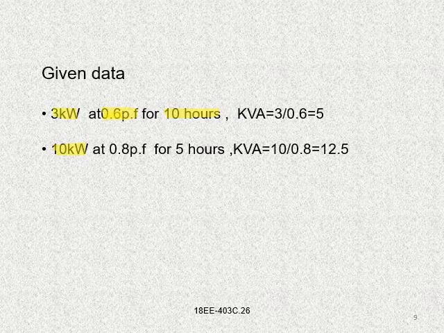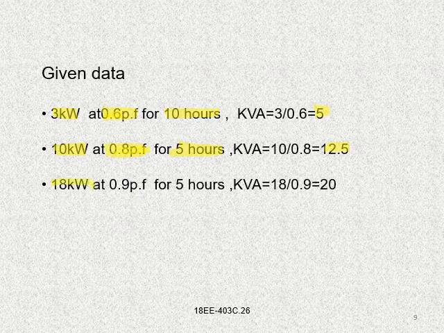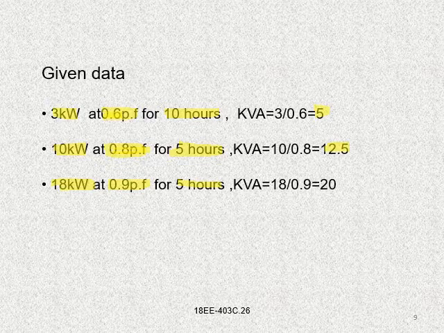For 10 kW with 0.8 power factor of 5 hours duration, the kVA is 10 by 0.8 simply. So first it is 5 kVA, here it is 12.5 kVA. For 18 kW, 0.9 power factor with 5 hours, the kVA is 20, simply 18 by 0.9.